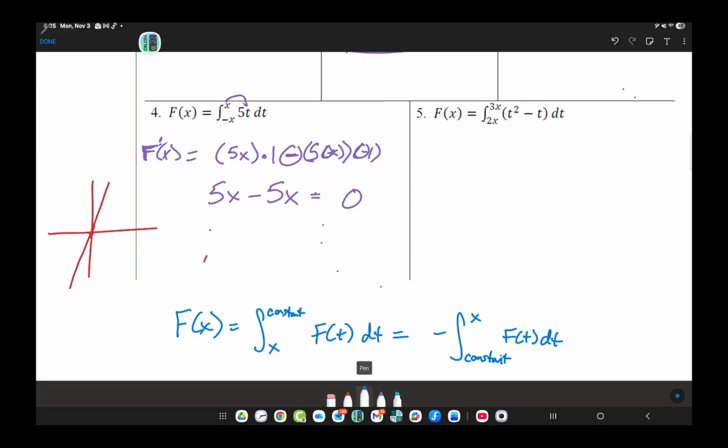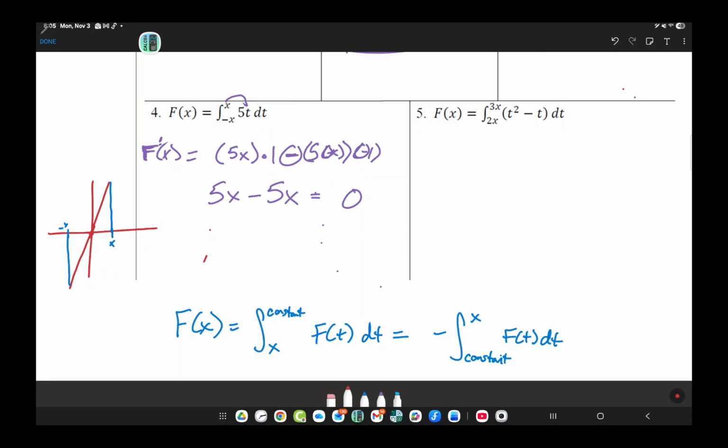But if I'm going the same distance, x and negative x on both sides, and I'm finding the area, what's going to happen to those two areas, since one's above and one's below the x-axis? They're going to cancel out. That will be one of our rules. If you have an odd function, and you're going from negative a to a on your bounds, your integral will be 0. If you had an even function, because it's mirrored reflectively, it'll just be twice the integral from 0 to x. Again, something we'll see later. I just like to talk.